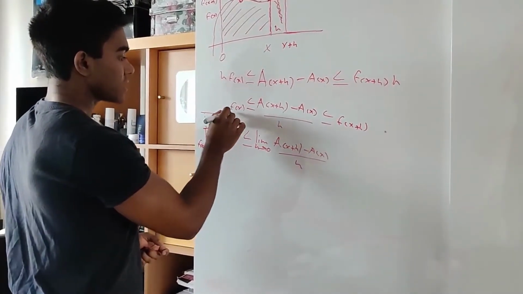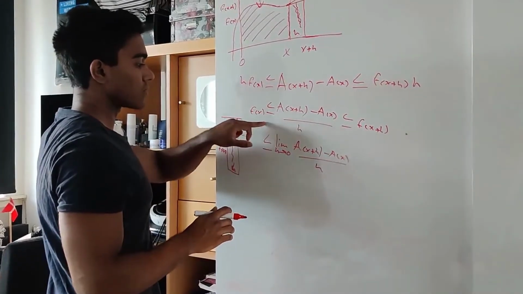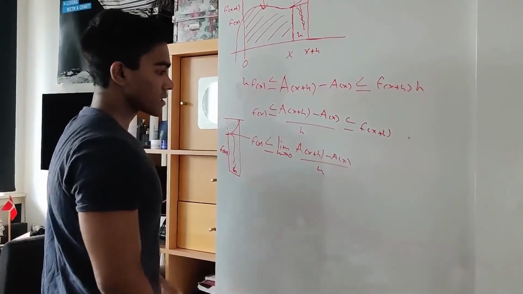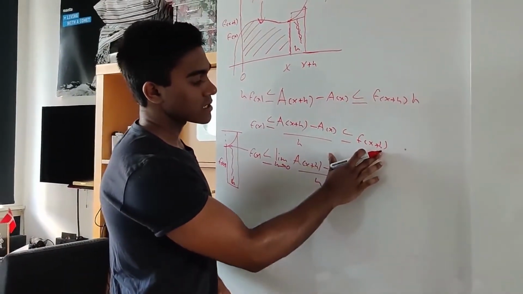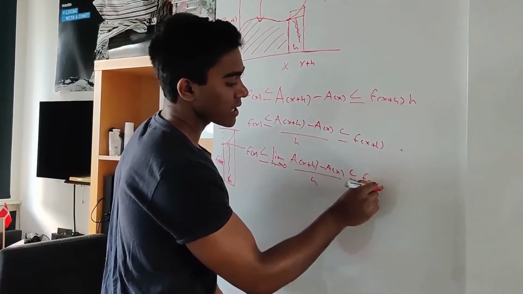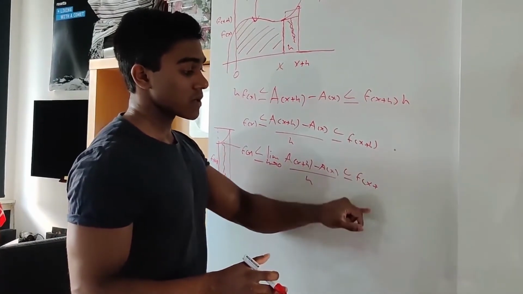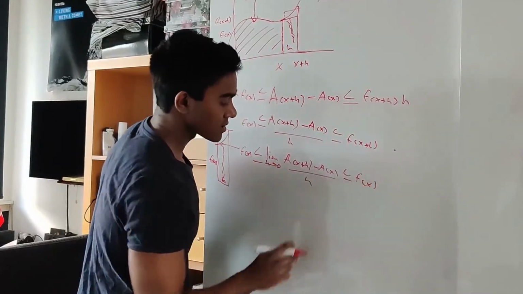Because h is not included in this part of the expression, it's going to remain the same. However, over here we see that h is included, so it's going to be f of x plus h tends to 0, which is just substituting it with 0. So x plus nothing, which in turn is just f of x.